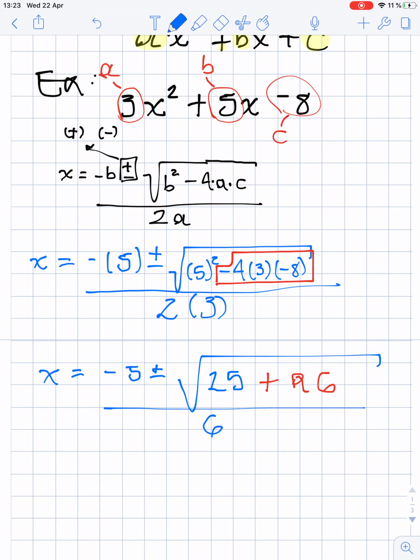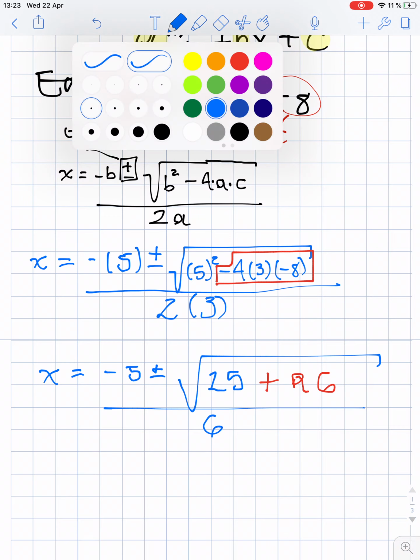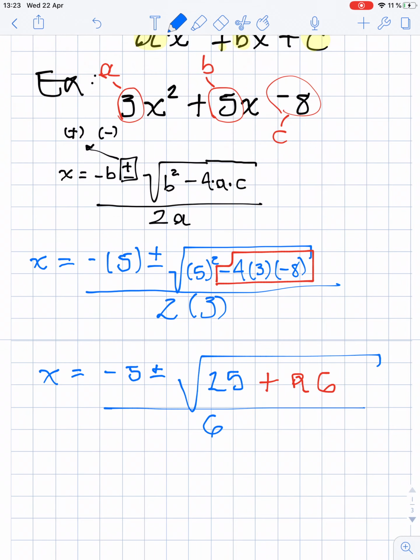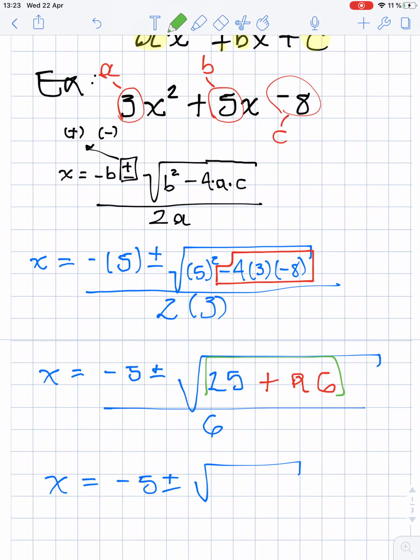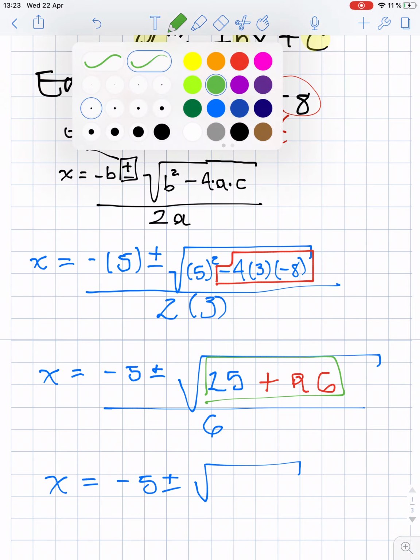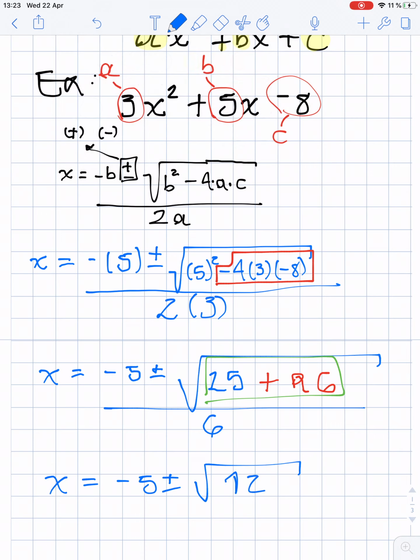In this sense, we already have common whole numbers. The idea is now do the square root: minus 5 plus or minus the square root of what? We need to do the operation between those numbers. 25 plus 96 is equal to 121 over 6, okay?